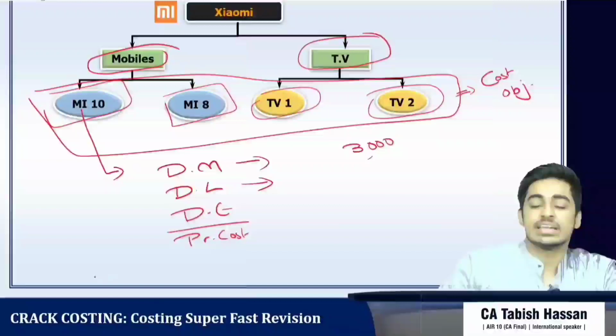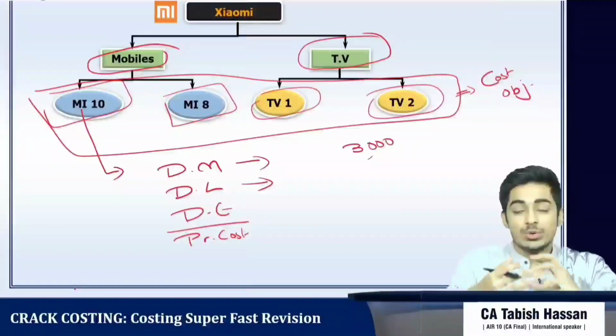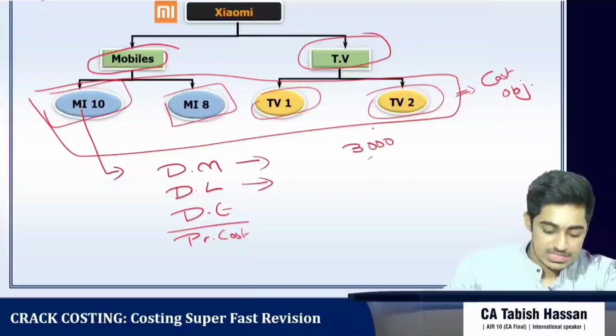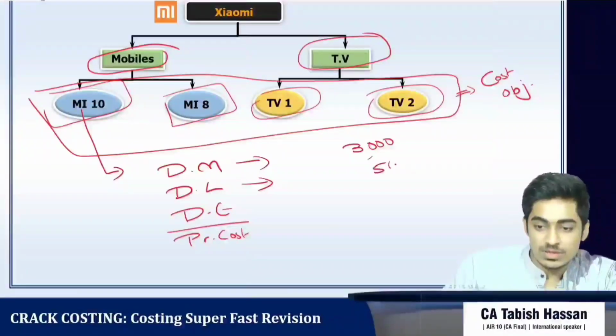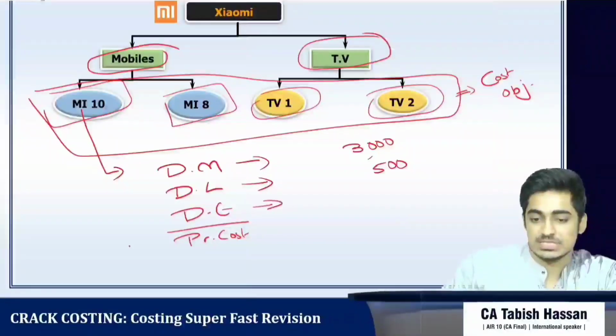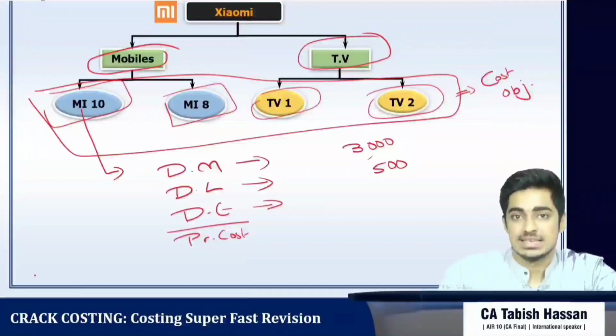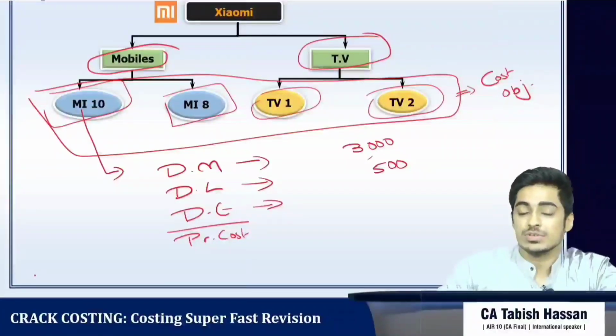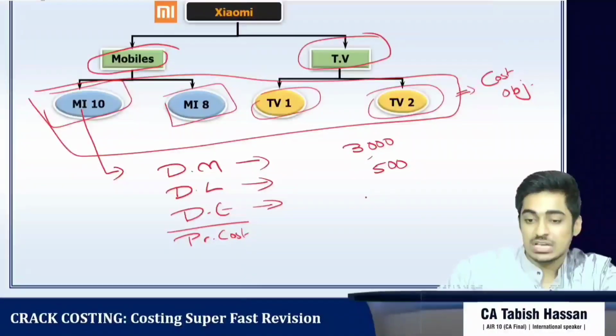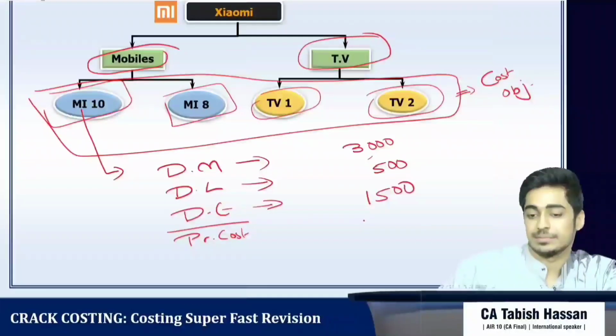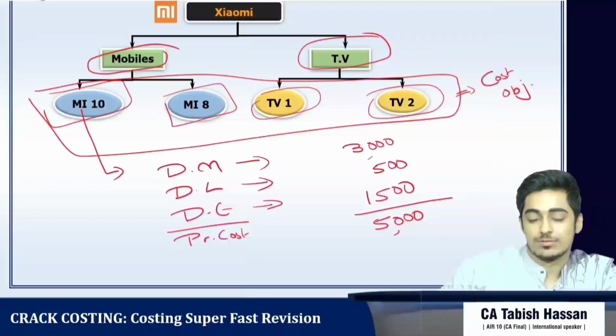Then we've got the direct labor. We want labor to actually assemble them. Suppose their cost comes to 500 rupees. We also have the direct expenses, the Android or royalty paid to any others. So this comes to, say for example, 1,500. So the prime cost is 5,000 rupees.